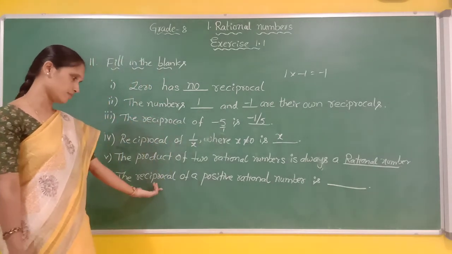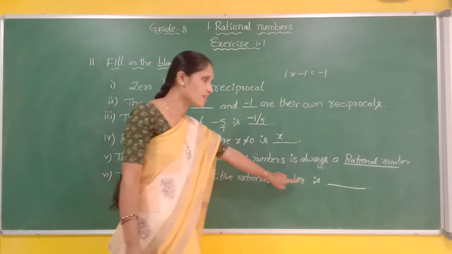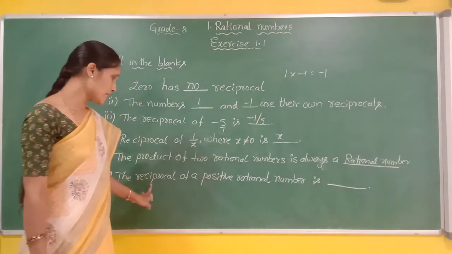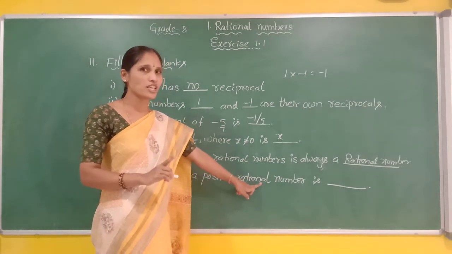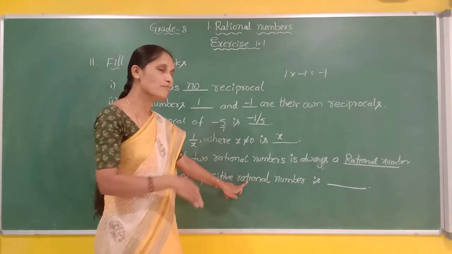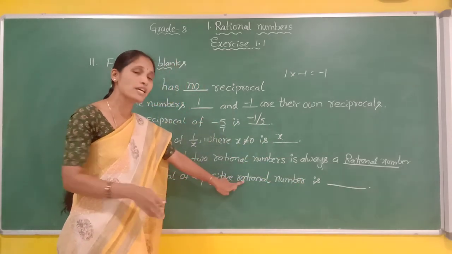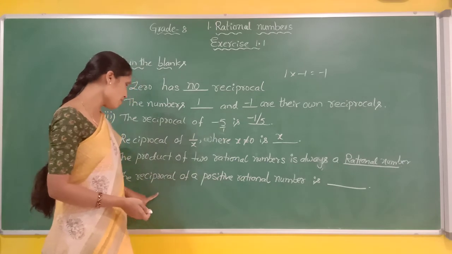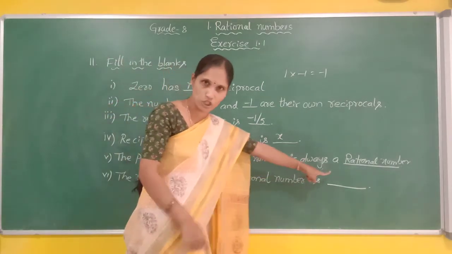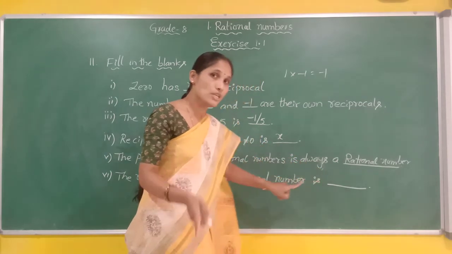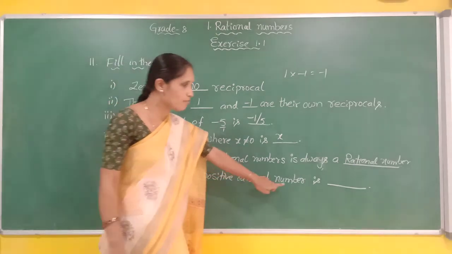Okay, the last one. The reciprocal of a positive rational number is. Remember that reciprocal should not change the sign. For positive rational number only, the answer is positive. Suppose if the question is, what is the reciprocal of a negative rational number?